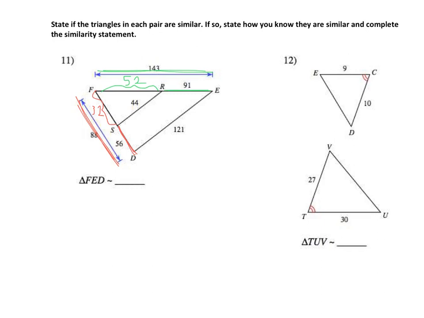Okay, let's check on some ratios here. So I'm going to stick with that green pair. If I'm looking at this triangle right here, this side is 52, and then that would correspond to this bigger side of this bigger triangle, which would be 143. And then to move to the red side, 32 would be the side length of that smaller one.